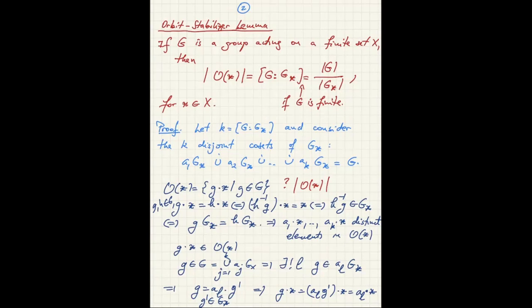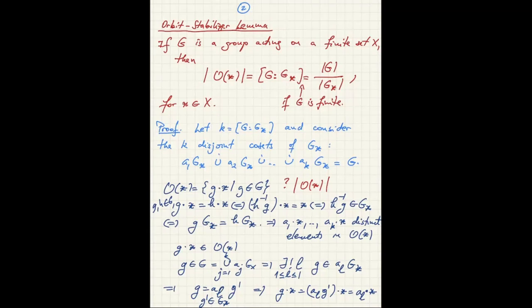So g belongs to the coset a_l times G_X for some l between 1 and k. And that means that g looks like a_l times g' for some g', an element of the stabilizer G_X.